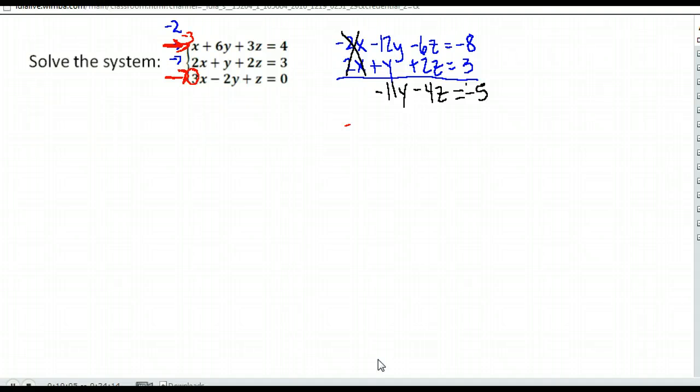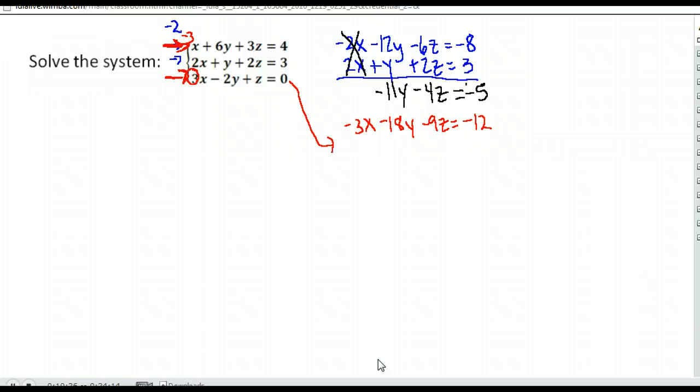If I multiply that top one by negative 3, I get negative 3x minus 18y minus 9z equals negative 12.